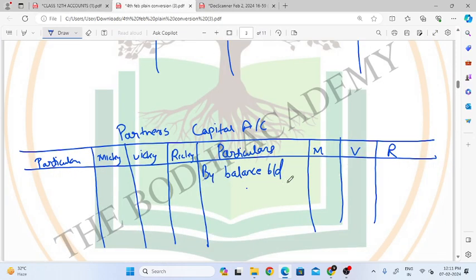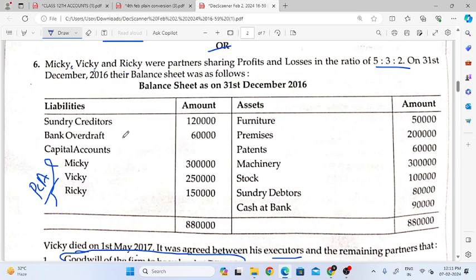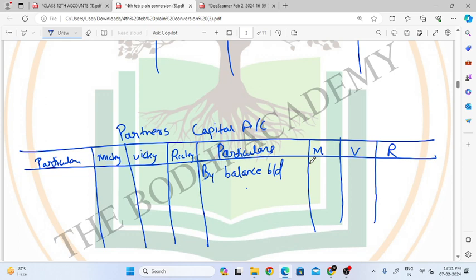So by balance brought down, how much is the balance they have given? As 3 lakh, 2 lakh 50,000 and 1 lakh 50,000.